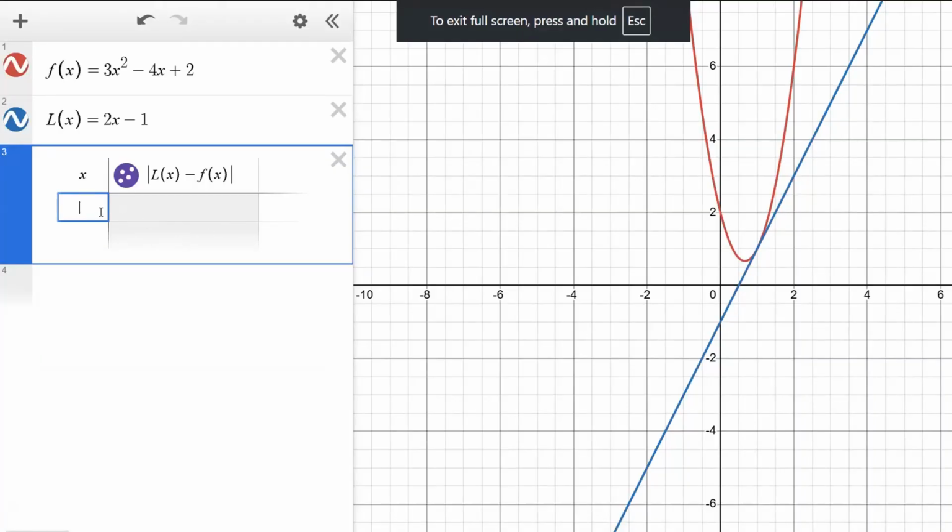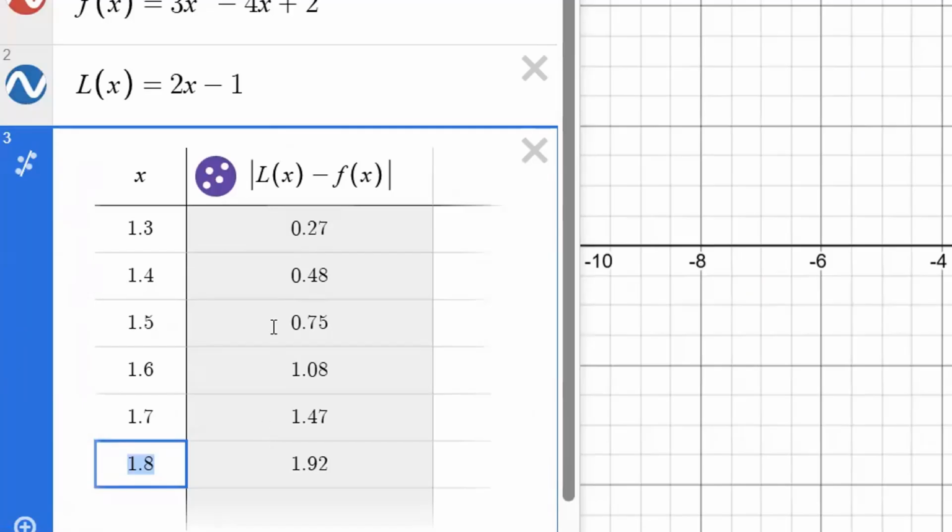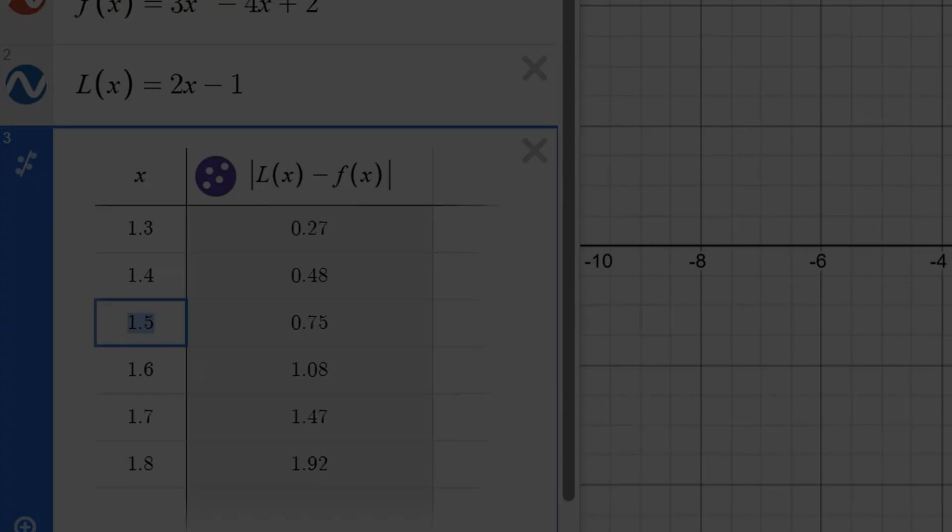So I'm going to plug in the different x values, 1.3. So the first one that's greater than 0.5 is 0.75, which is the x value of 1.5. So this is the smallest x value for which the error is greater than 0.5.